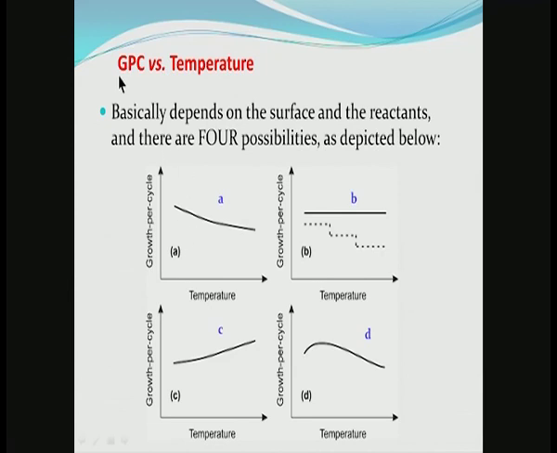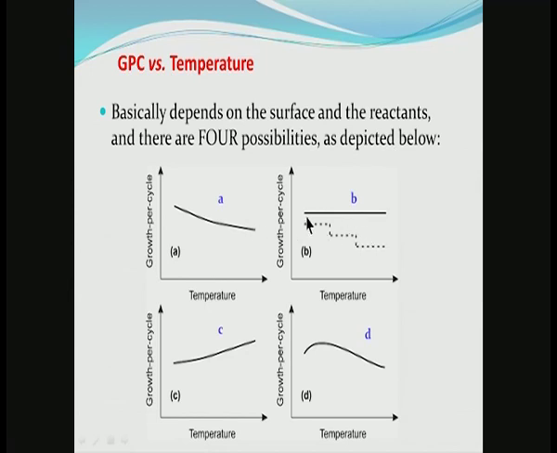Now, how about the growth per cycle and its dependence on temperature? How does the temperature of the substrate play a role in all these things? Now, we have 4 different kinds of variation. One is where the growth per cycle reduces as the temperature is increased.